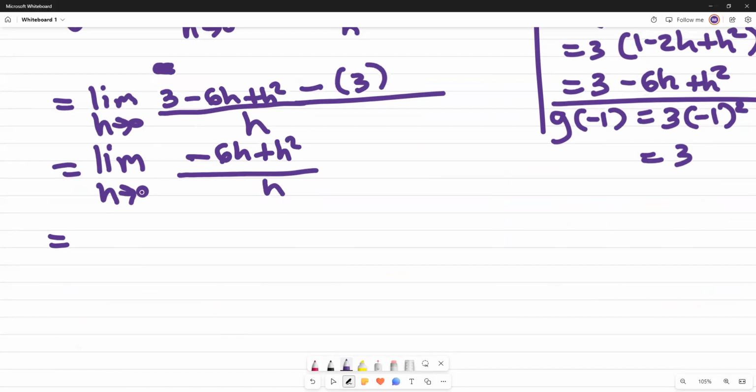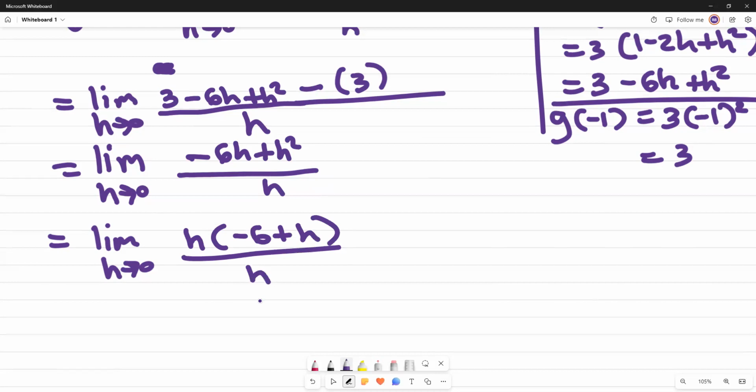I said if when you substitute this, you get 0 here, you cannot substitute here, right? Perfect. But the exciting thing is I can see that there's a common factor of h there. So I can take it out. So I'll be left with minus 6 plus h all over h, right?